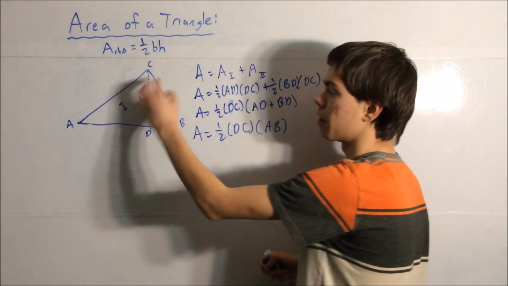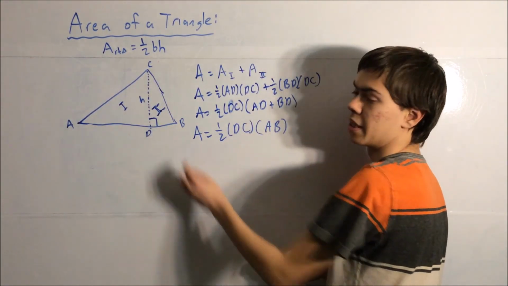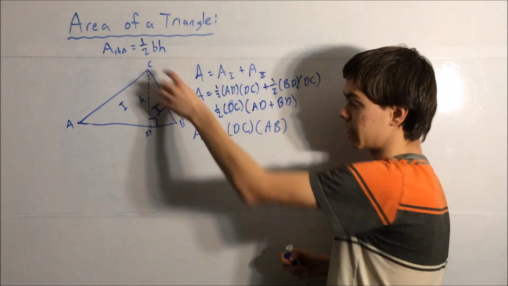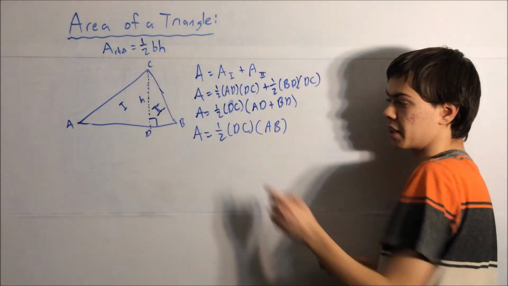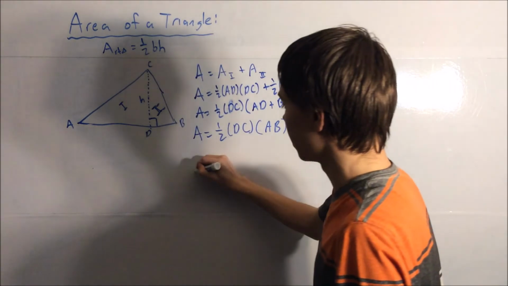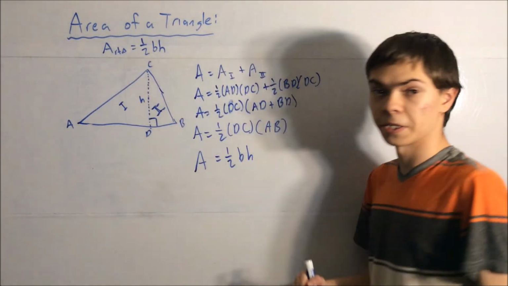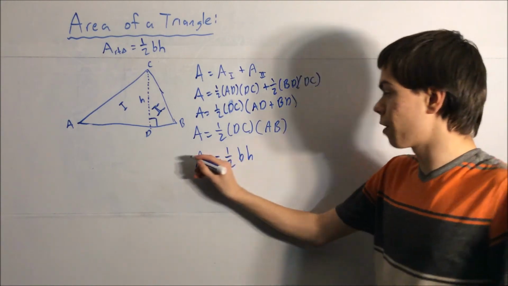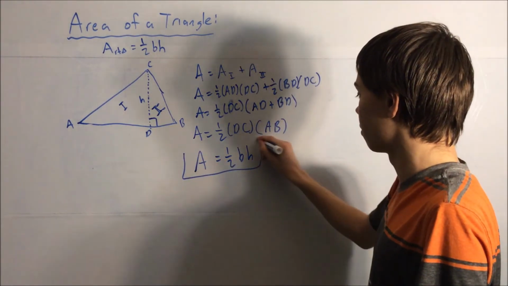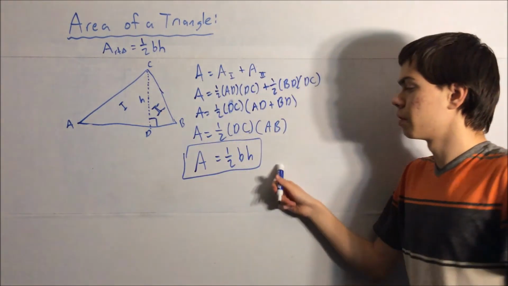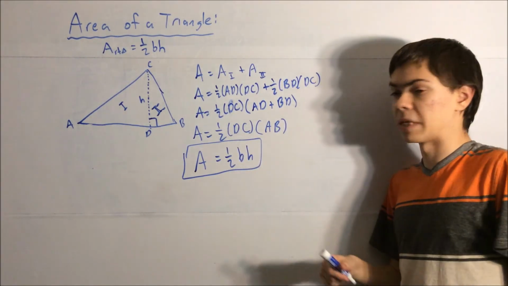The base of our triangle would be AB, and the height of our triangle would be DC. So base times height, right? So the area for any triangle that looks like this is just 1/2 base times height. It works for any triangle, right triangle, and any triangle besides a right triangle.